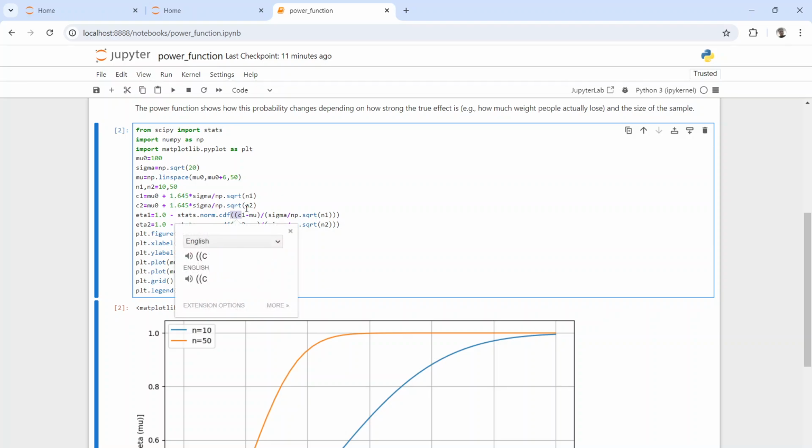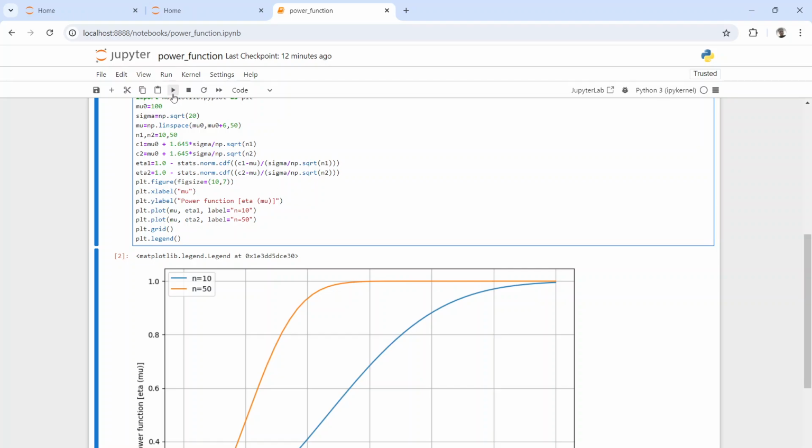Here eta 1 and eta 2 represent the power function of the two different samples n1 and n2, computed by taking 1 minus the CDF of the distribution of the test statistic. It gives the difference between the critical value and the true mean mu. And then here we plot the power function.